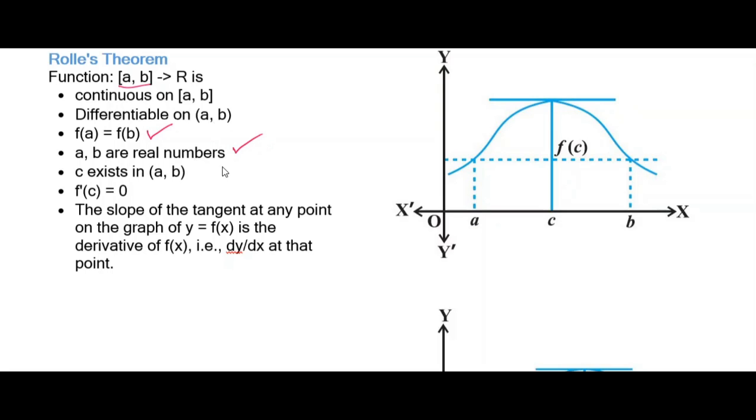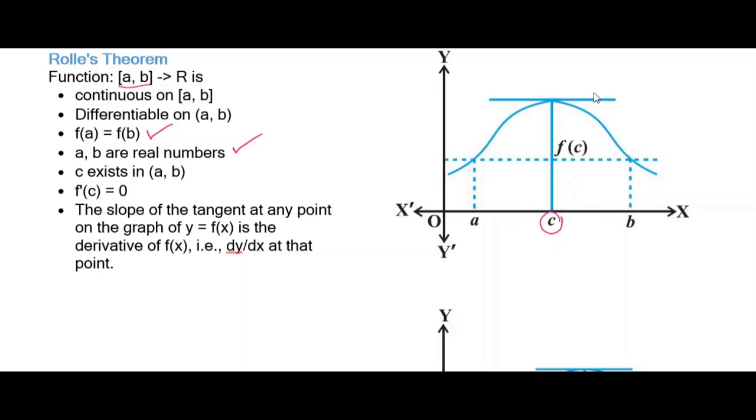Now, the C exists in AB, right? Now, the differentiation of C, that is f dash C, is 0.